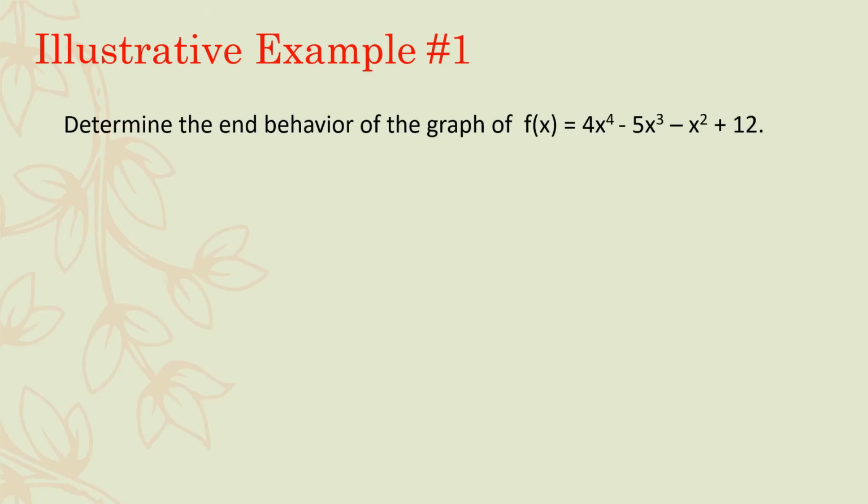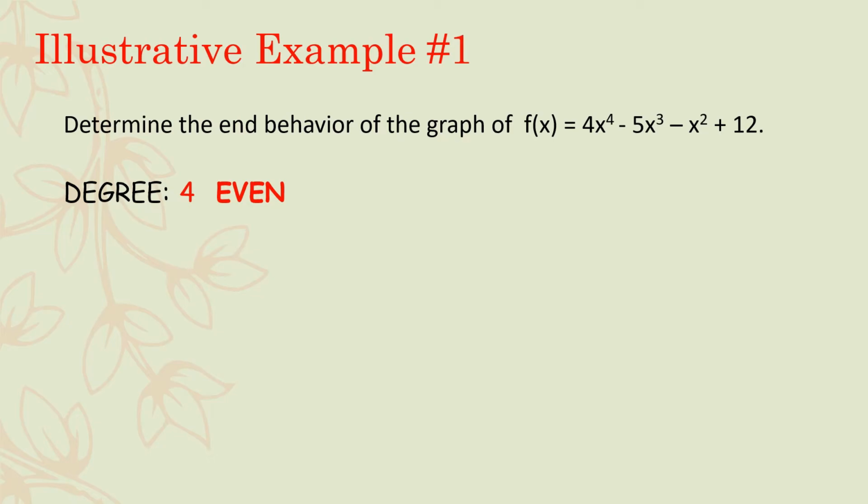Let's have another example. Determine the end behavior of the graph of f of x equals 4x raised to 4 minus 5x cubed minus x squared plus 12. Again, we simply determine the degree, which in this example is 4, an even number. Since this is even, it will fall under case number 3 or case number 4.